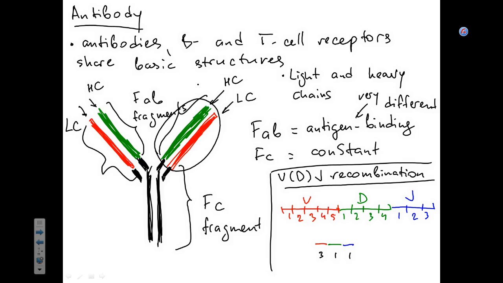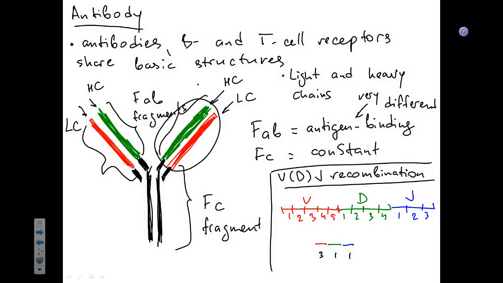Same here. We have something like 47 V genes, like 12D and 27J. I don't remember the exact number. But the point is, you can combine these different numbers. It's like a license plate on the car. Okay? Does that make sense?